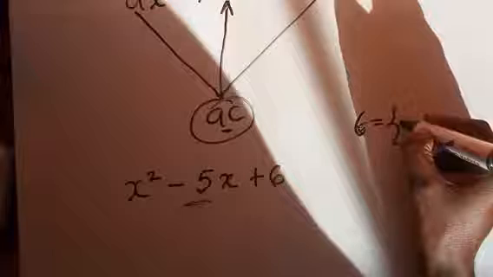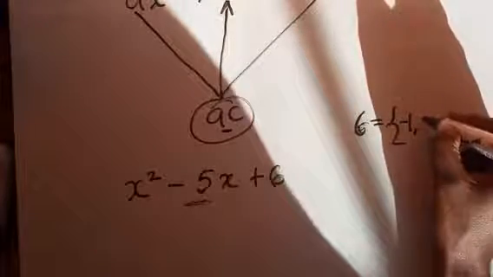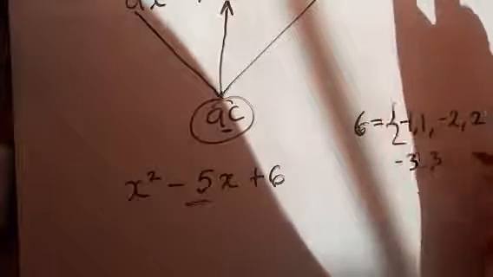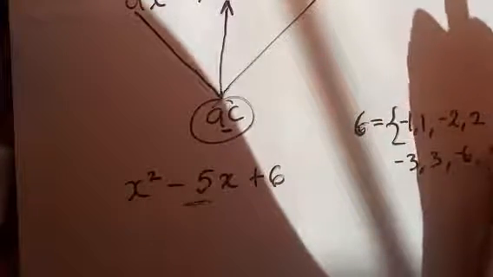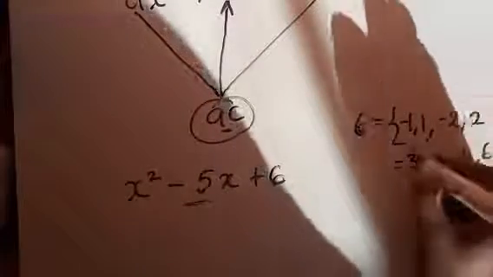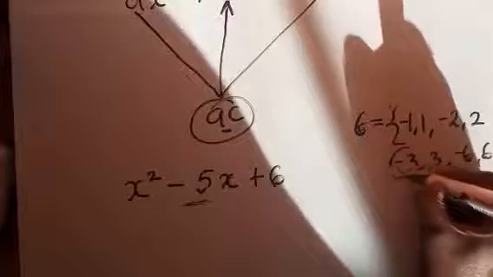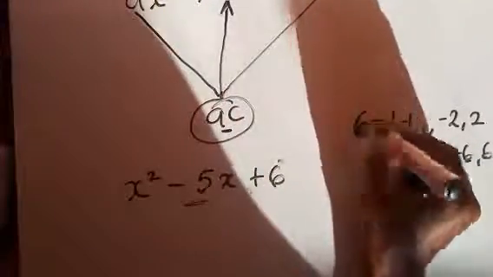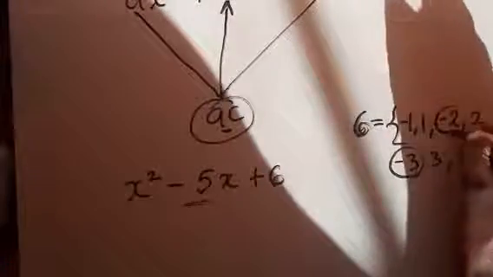So we know we have negative 1, 1, negative 2, 2, negative 3, 3, then negative 6, 6. So two of these factors, when you multiply, you will get positive 6, but when you add, you will get negative 5.